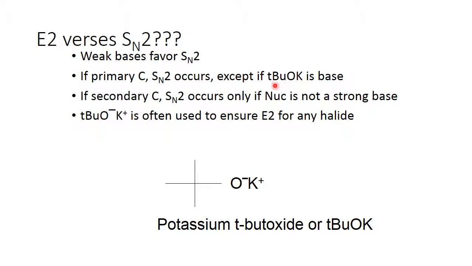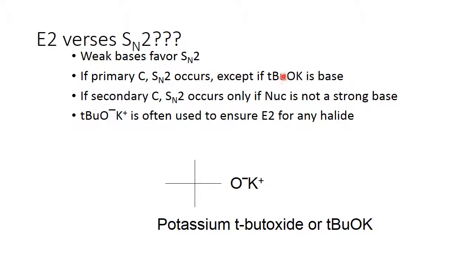The exception is if you use this base right here. This is called t-butoxide. T-butoxide is a t-butyl group on an oxygen, and of course it's a base because it's negative here and positive there. It's t-butanol that's been changed into the conjugate base. The t-butyl group is really, really bulky.